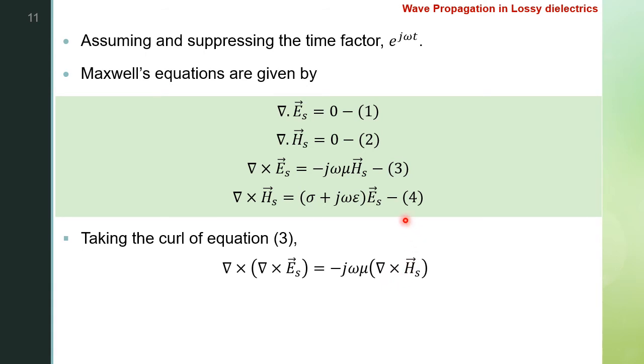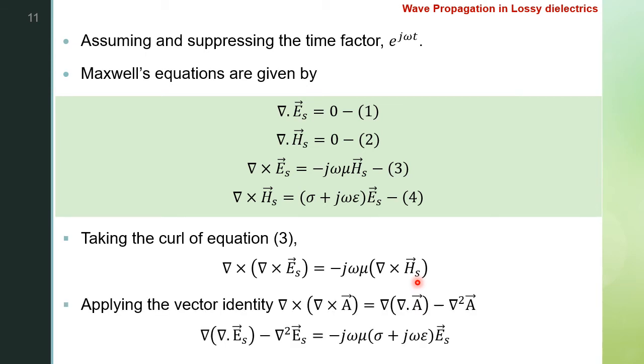From equation 4, we get the value of del cross Hs. On substituting these two, we get del into del dot Es minus del square Es, and that is equal to minus j omega mu into sigma plus j omega epsilon Es. And this del dot Es is already equal to 0 from equation 1.